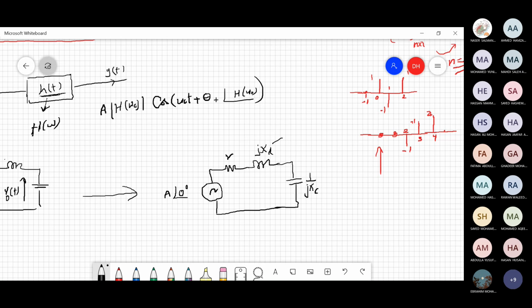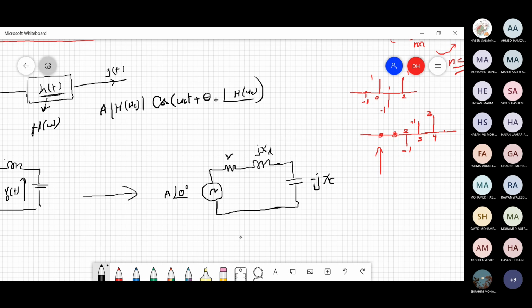And remember, XL is equal to omega L, and XC, sorry, it is minus jXC in general.